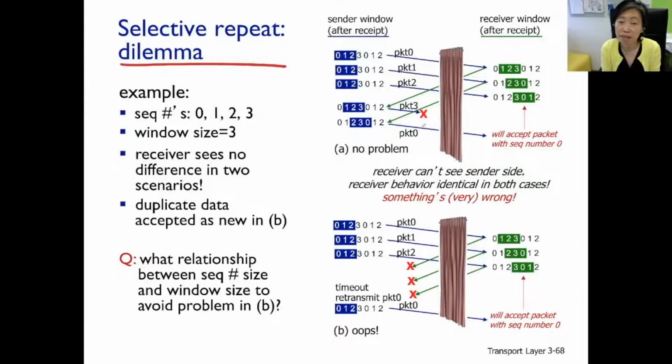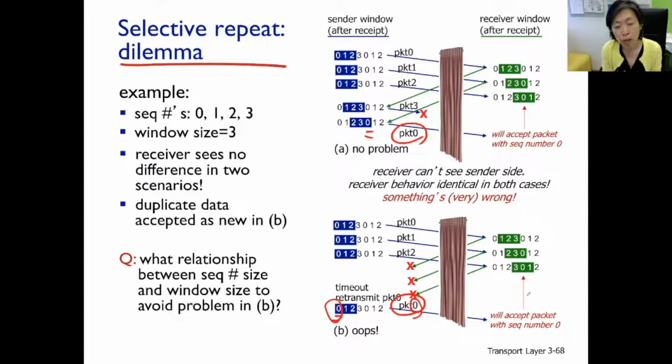So we need to be careful here to prevent packet 0 here and packet 0 here, which are obviously two different packets, from being confused as the same packet. According to case A, we'll actually pass packet 0's bits again to the application layer. Not good.